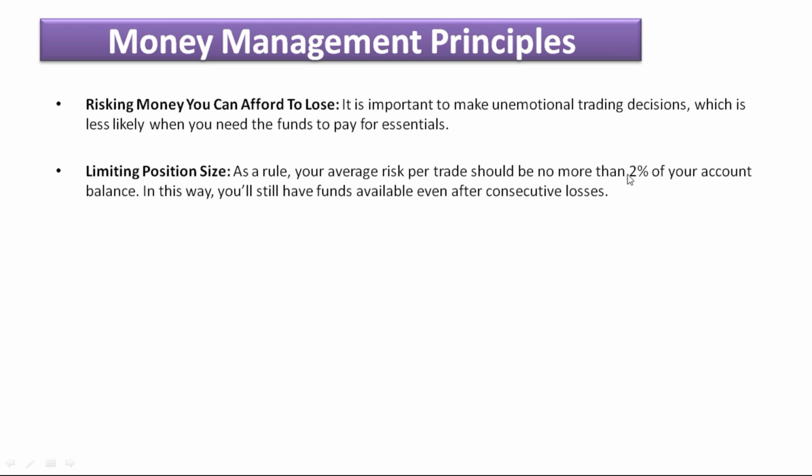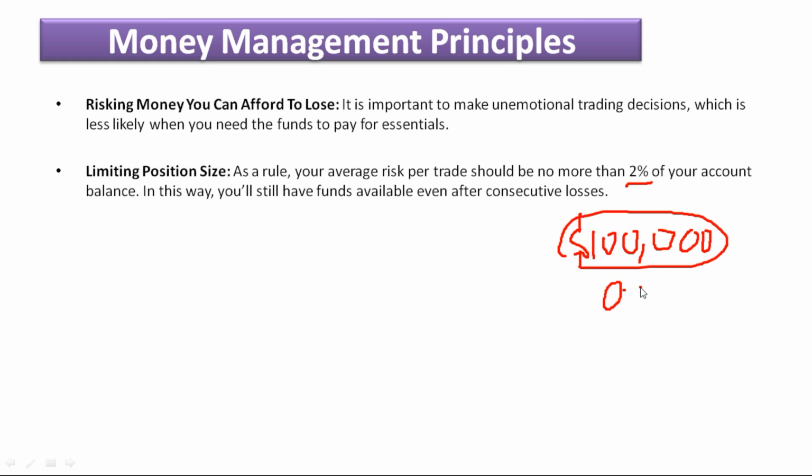Not more than 2%. Now, guys, this is interesting because if you are trading a prop firm, for example, of let's say $100,000 US dollars, in this case, even to risk up to 1% is not advisable. $100,000 is a very big money, and you can actually risk 0.5% on each trade you take.